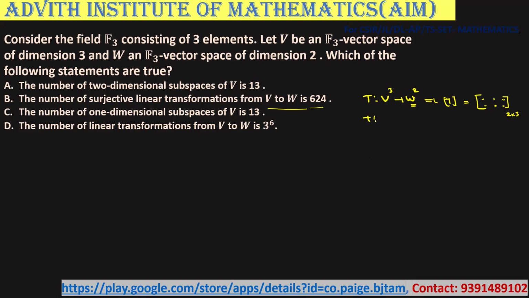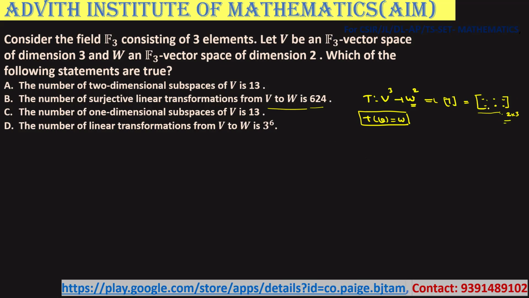So if T is surjective, then T of V is equal to W. That means the image of T is equal to W. That means the rank of the matrix is 2, sir. The rank of the surjective map, that is, the rank of the matrix is 2, right? So the rank of the matrix is 2, and this is a 2 by 3 matrix with 2 rows, so it has full rank.